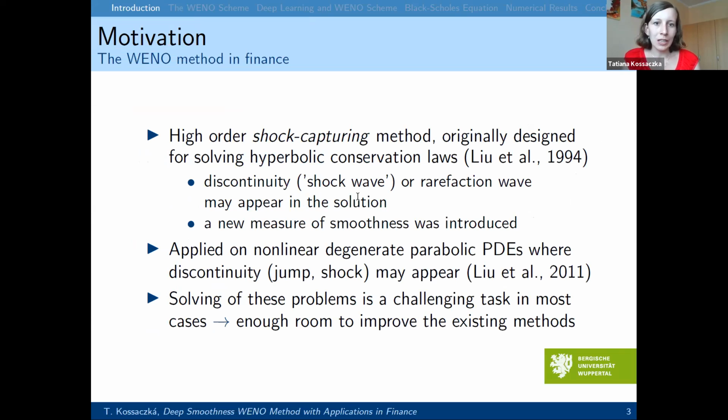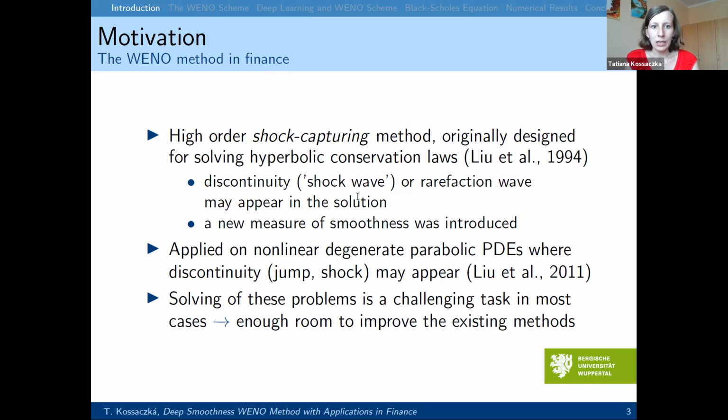So firstly, I'm not sure if all of you know this method, so I will just briefly introduce it and tell you where it actually comes from. To start, I would say this is a high order shock capturing method, which was originally designed for solving hyperbolic conservation laws.